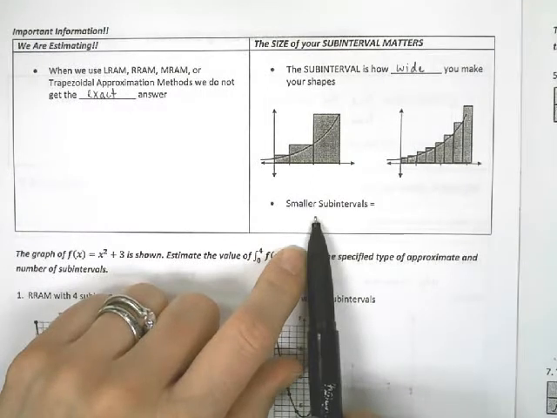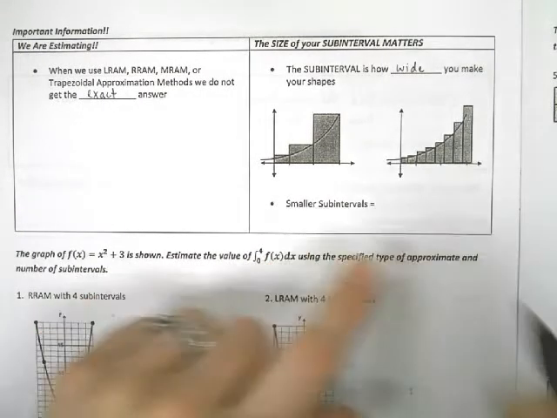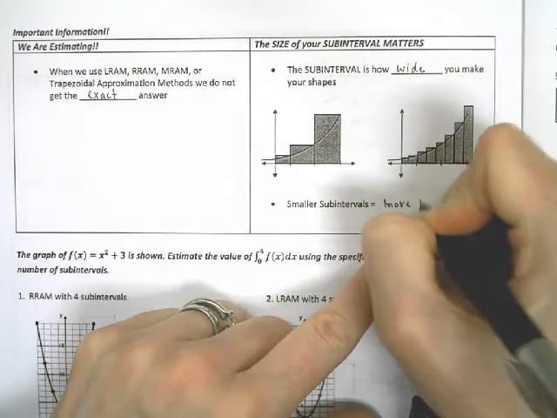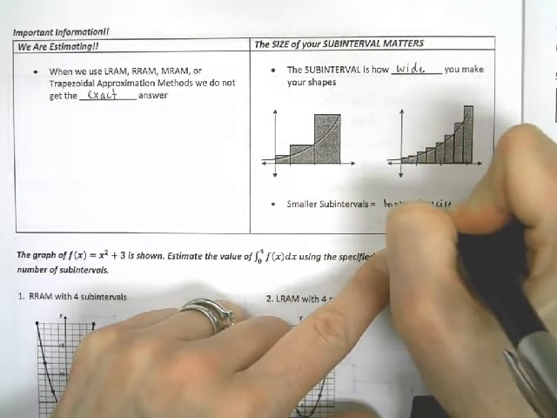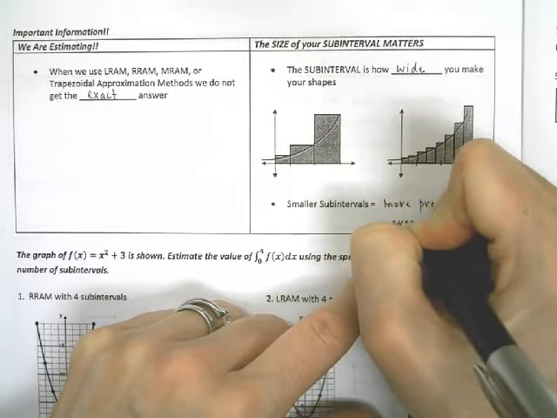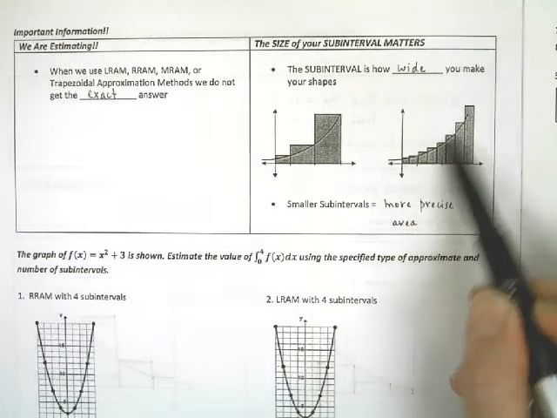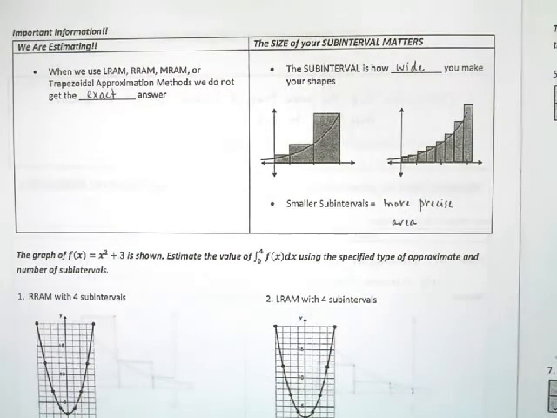Now, if we have smaller subintervals, we get a more precise area. The more subintervals we have, and you can see it here, it looks like I have less of an overestimate in this example. So the smaller my subintervals are, the closer my area is going to get to the exact area.